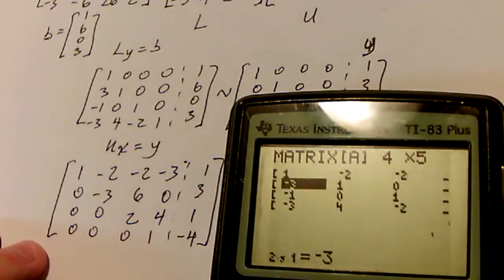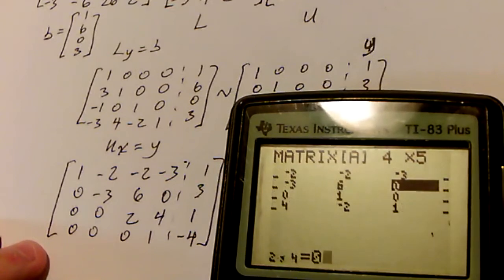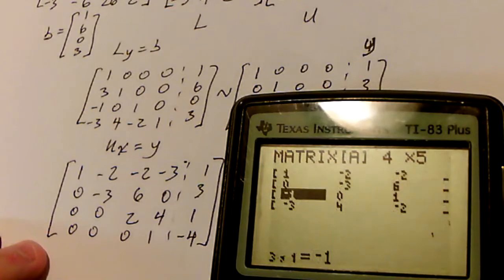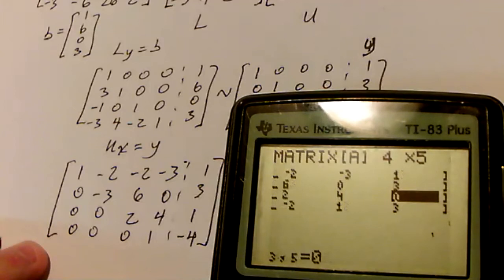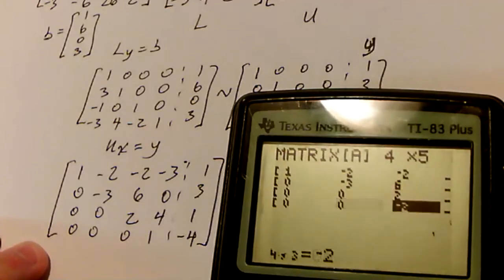Sorry, 1 in the fifth column there. And I've got 0, negative 3, 6, 0, and 3. Third row, 0, 0, 2, 4, and 1. 0, 0, 0, 1, and negative 4.